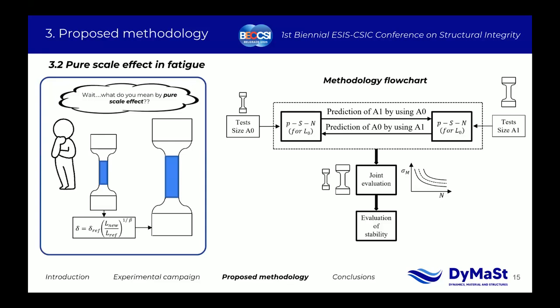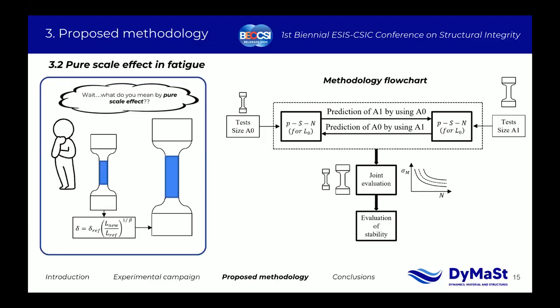The primary SM field is the result of the evaluation of this experimental campaign referred to a reference scale value: reference area, reference length, reference volume. With that information, we are going to try to predict the results of the other experimental campaign.